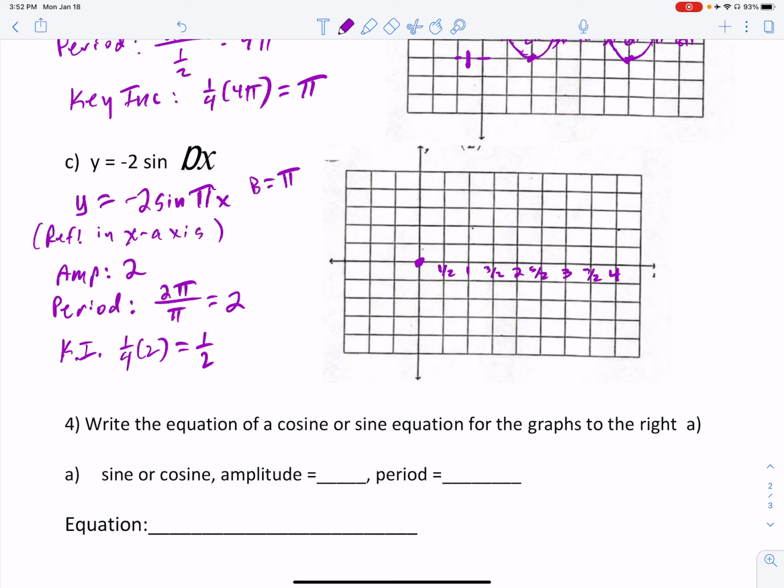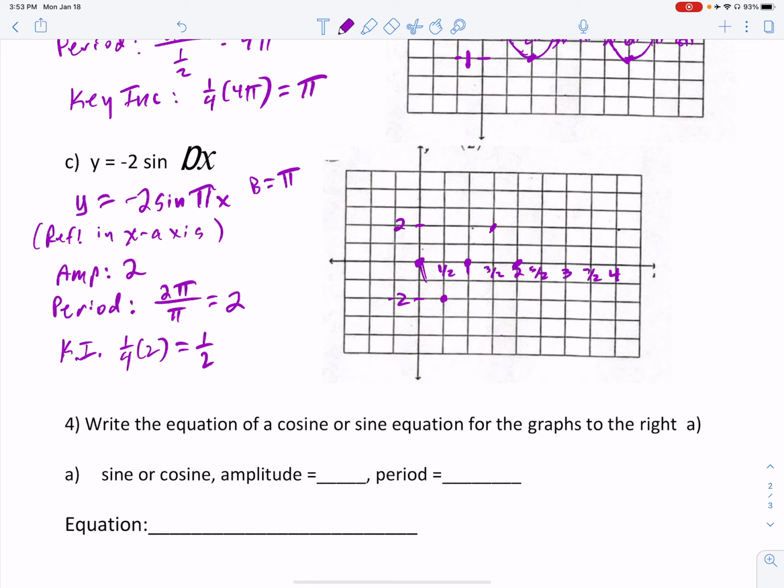But now we're going to go to -2. And since there's a reflection in the x-axis, instead of going up to start, we're going to go down to start. So at 1/2 we'll be at -2, at 1 we'll be at 0, at 3/2 we'll be at +2, and then at 2 we'll be back at 0.